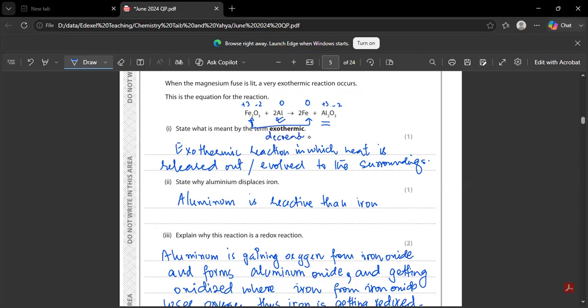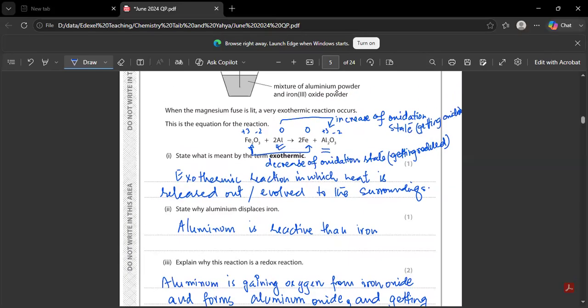A decrease of oxidation state means that element is getting reduced, and an increase of oxidation state means that element is getting oxidized. I hope you got this concept, right?